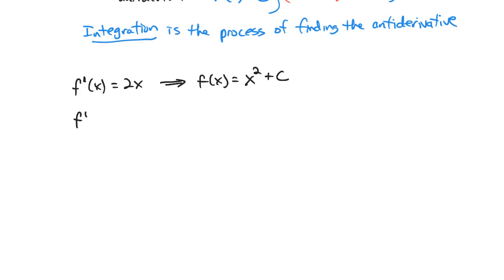And I'm going to tell you another one. If f prime of x is 3x squared, then f of x is x cubed plus c.